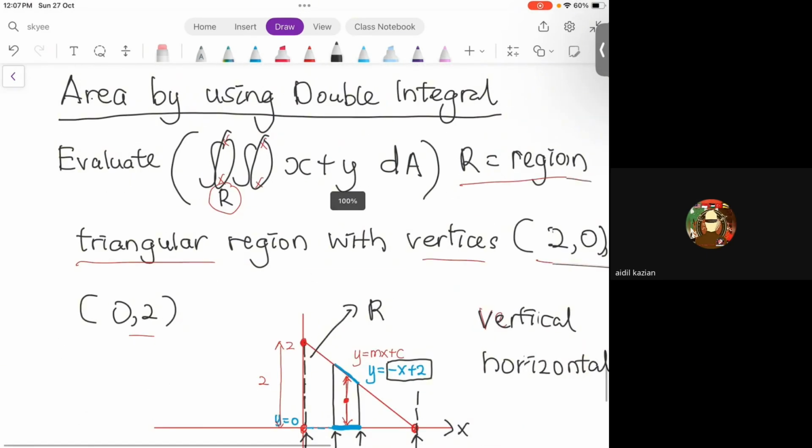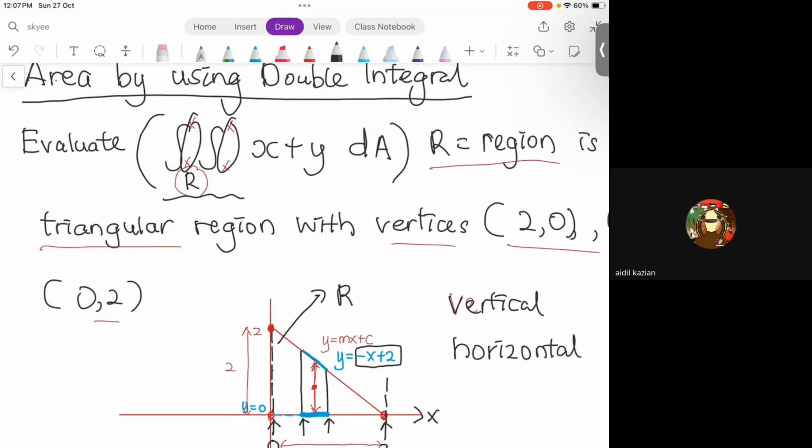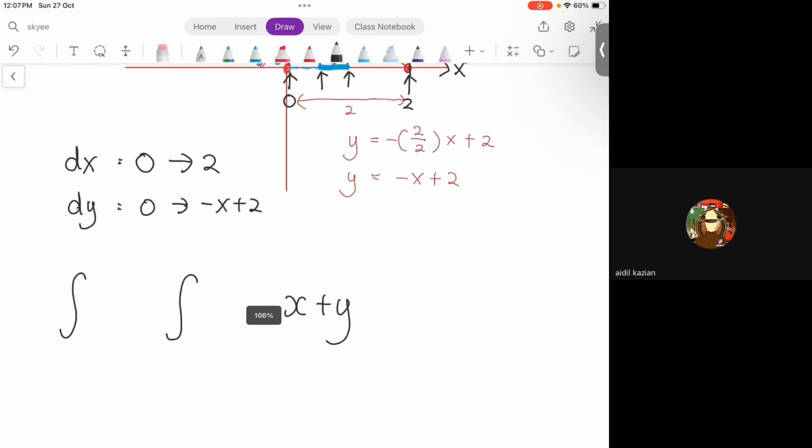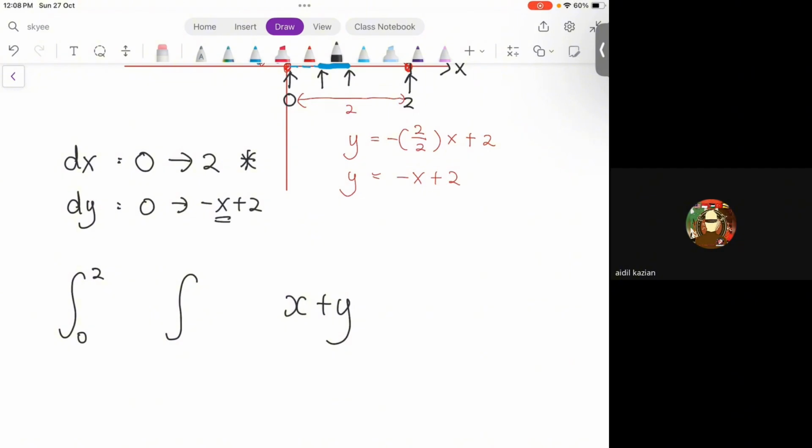So now we put the interval inside the equations. Remember here you are asked to solve x plus y. X plus y, you just copy back. Now look at our interval. The interval with value, no variable, you put it outside. With variable, you put it inside.